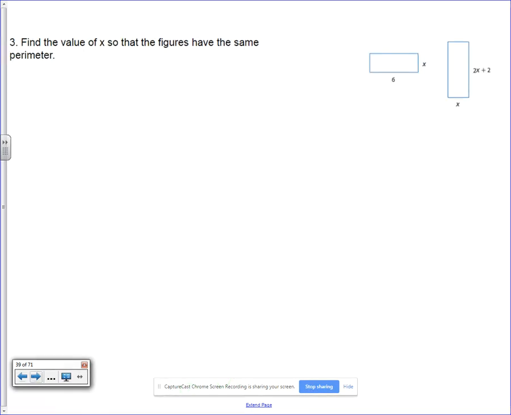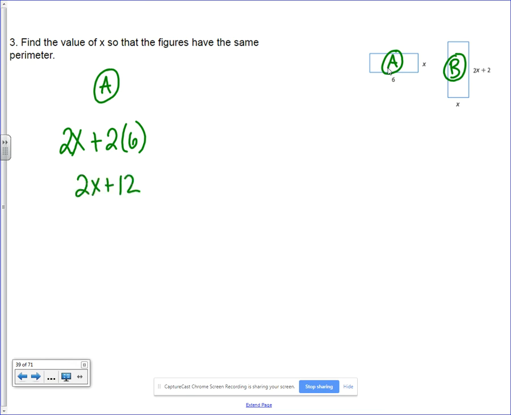Let's try a perimeter one. Remember, for perimeter, we have to add up all the sides. I will call this rectangle A. I'll call this rectangle B. If I'm going to find the perimeter of A, remember there's 2 x's and 2 of those sides of 6. So this is really 2x plus 12.